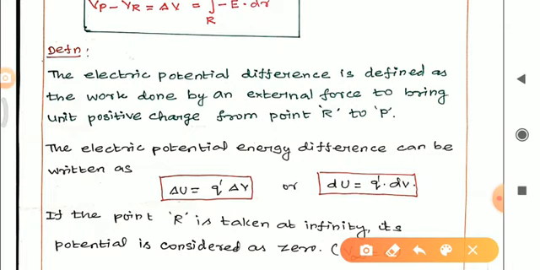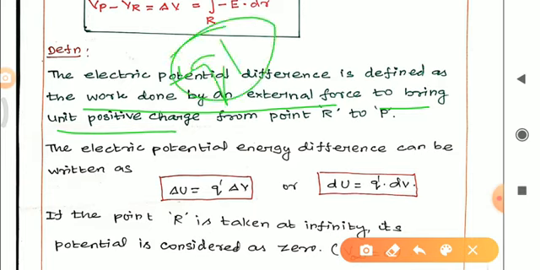Electric potential difference is defined as the amount of work done by an external force, because without an external force we can't do work, to bring a unit positive charge from the point r to p.